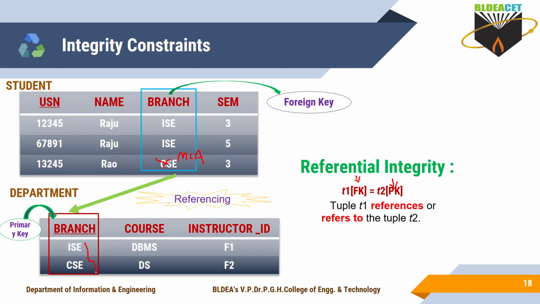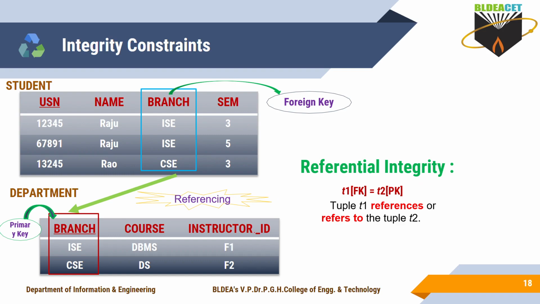See here, only two branches are there, ISC and CSC, so MCA is not there. Then this constraint does not hold here. Then you call this a not valid state, and then it gives an error message. That is what we call referential integrity.